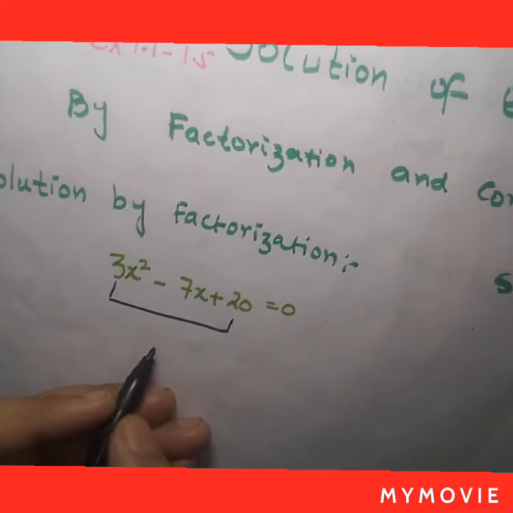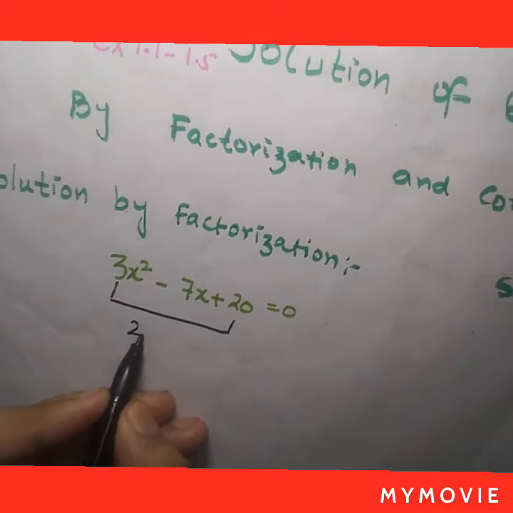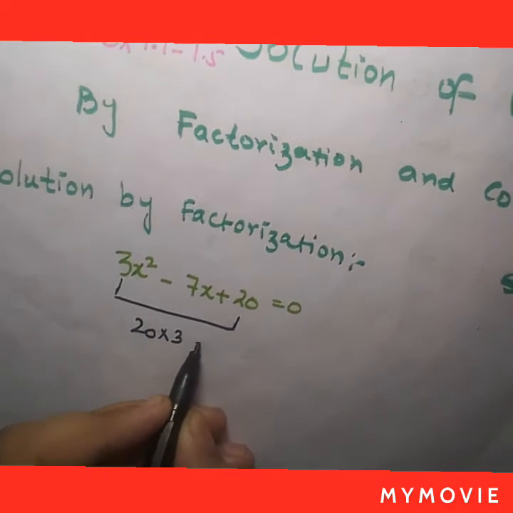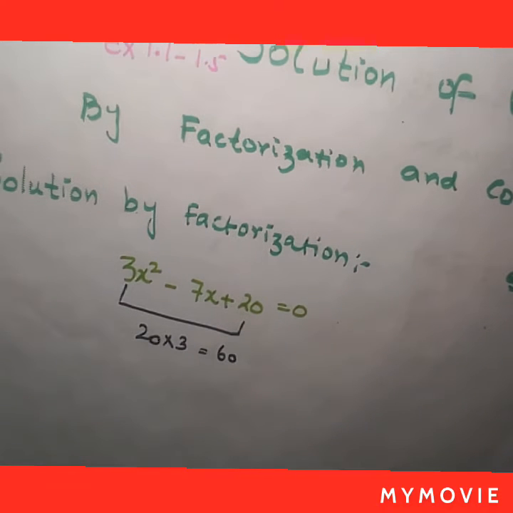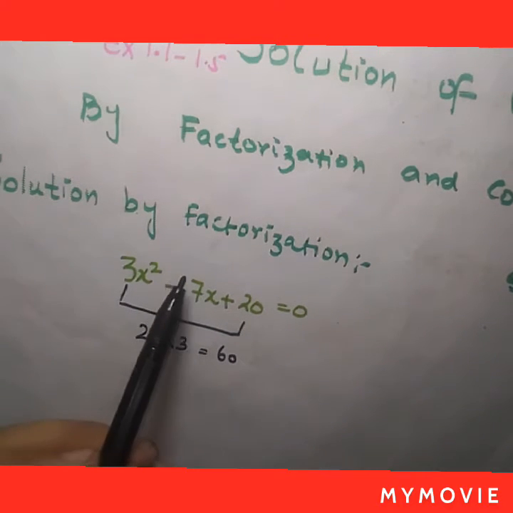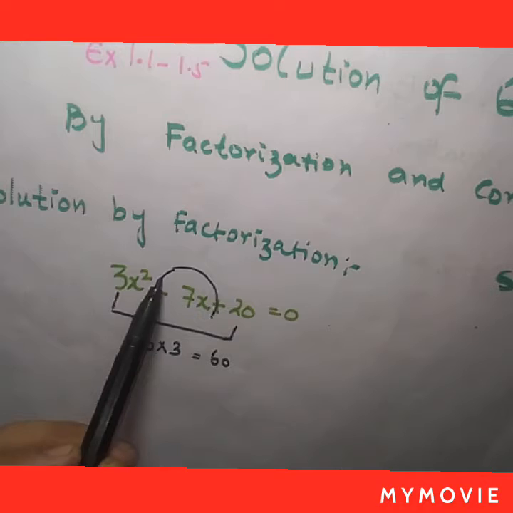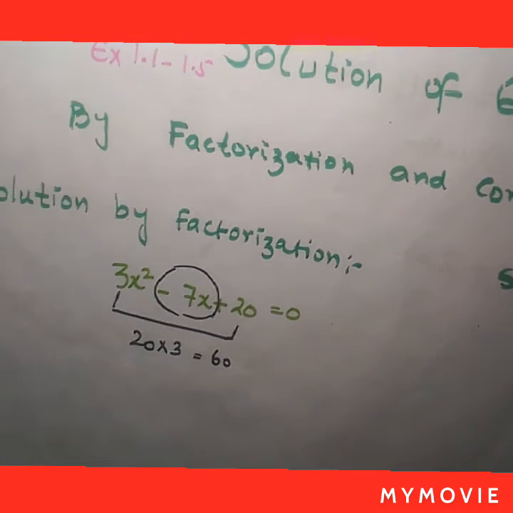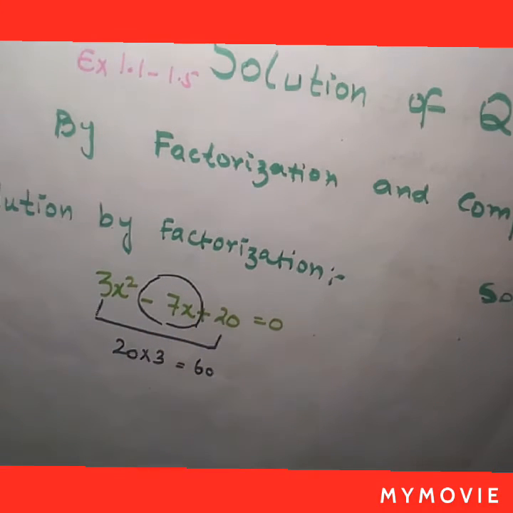Now I have 20 and 3. Multiplying 20 by 3, we get 60. We have to break the mid term into values whose product gives 60 and whose addition or subtraction gives 7.